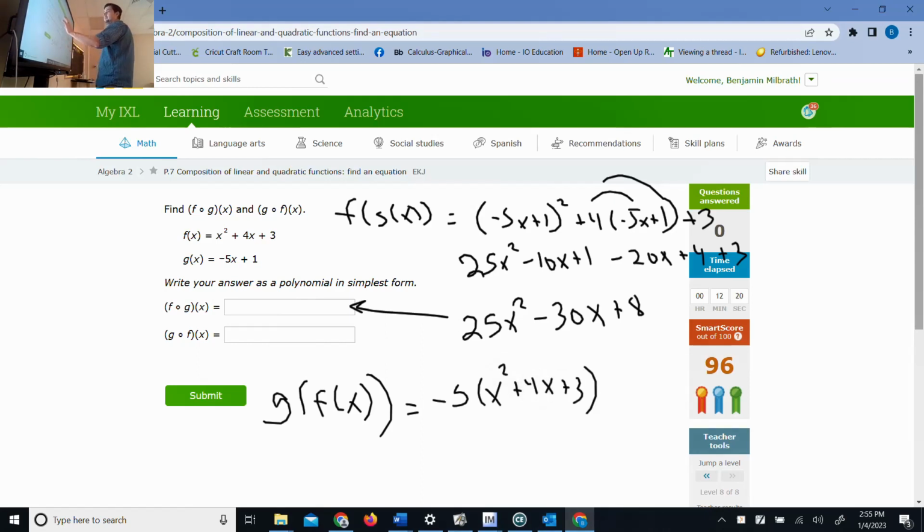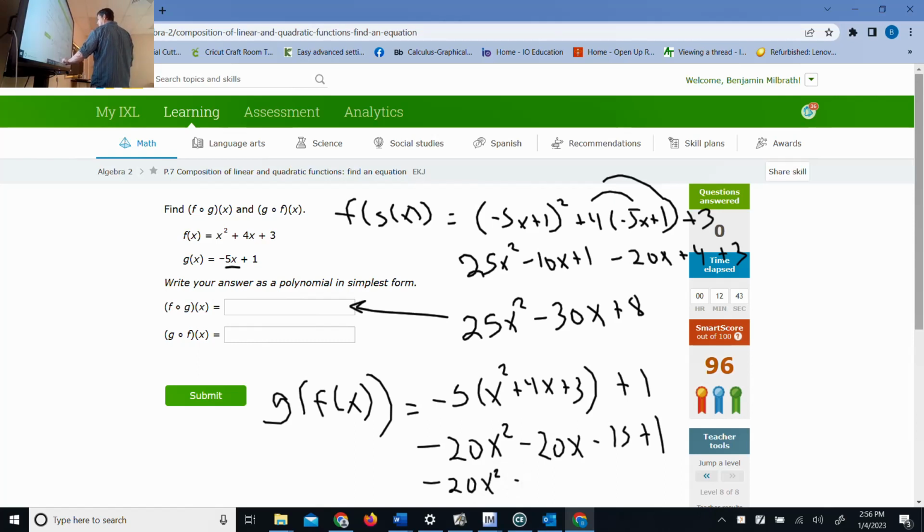And I'm done with that x, so then I just say plus 1. Second one's easier on this one, way easier. That's going to be negative 20x to the second minus 20x minus 15, add a 1. Put everything together, you'll be done with it. Negative 20x to the second minus 20x minus 14.